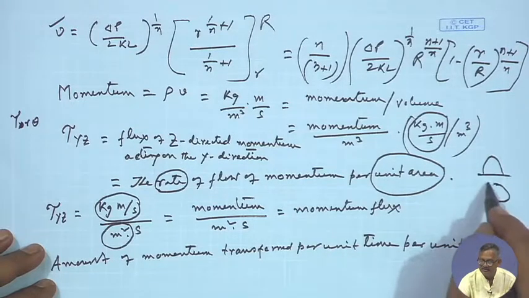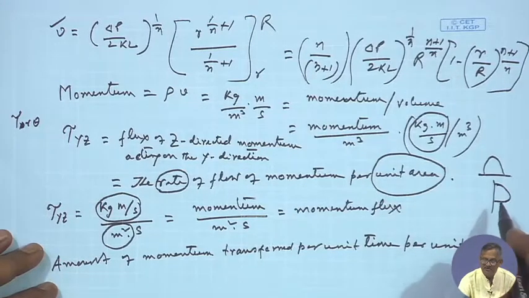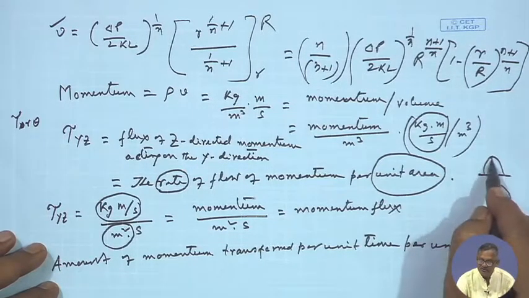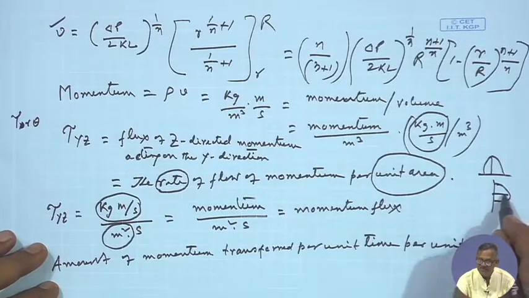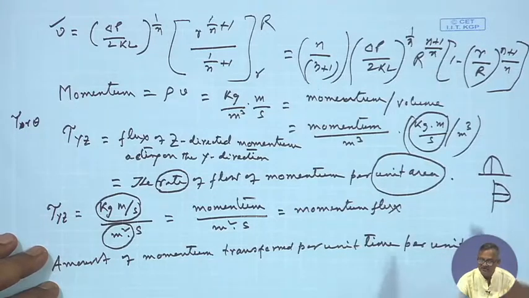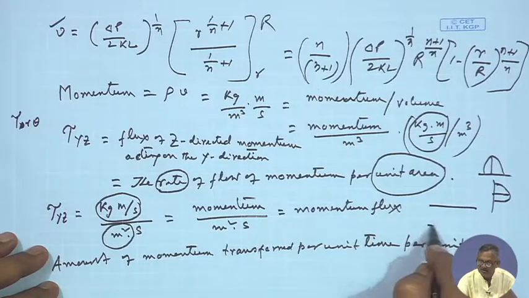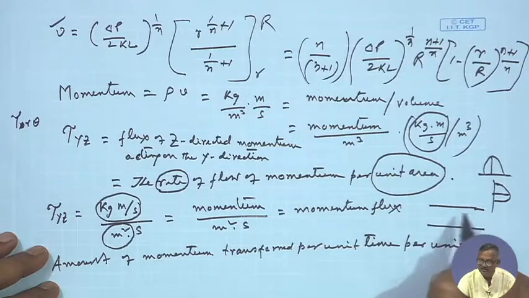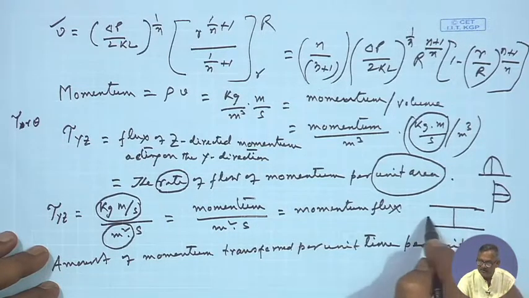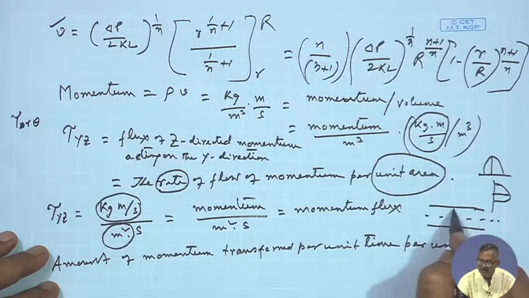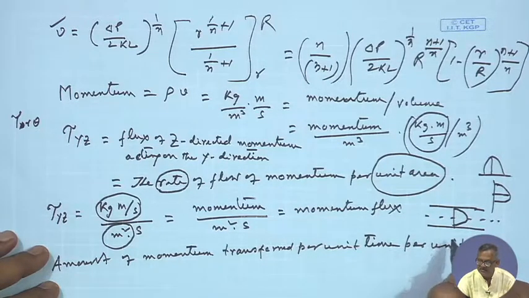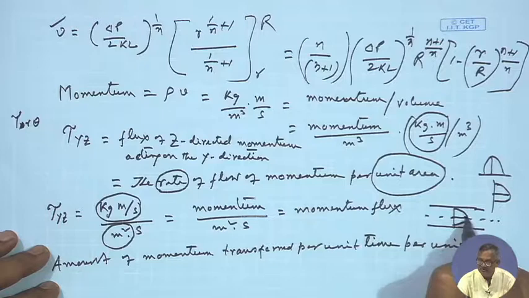It has a maximum, right. If we again draw that pipe, this is the pipe, this is the diameter, this is the axis, then the velocity profile looks like this. That means it is 0 at the surface and maximum at the center, right.